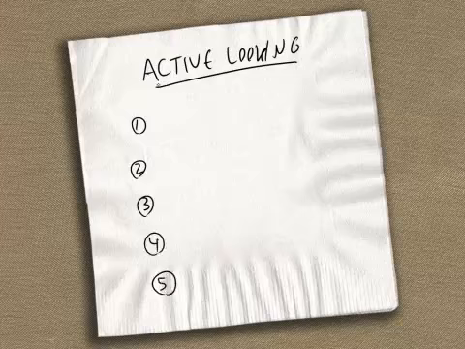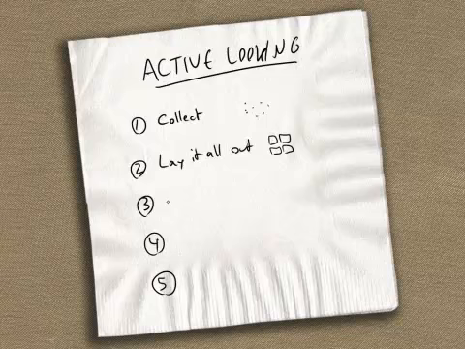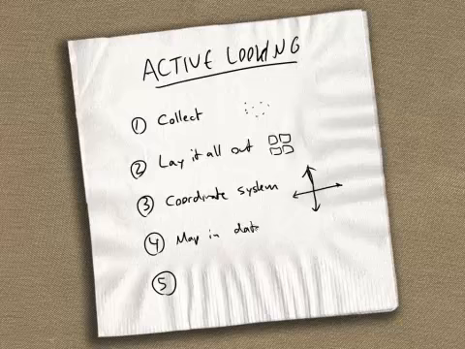They are, for effective active looking: 1, we need to collect whatever we can get. 2, we need to lay it all out, lay it out where we can see it. 3, we need to come up with a coordinate system. 4, map in our data or our ideas. And 5, of course, draw a conclusion. That's it.